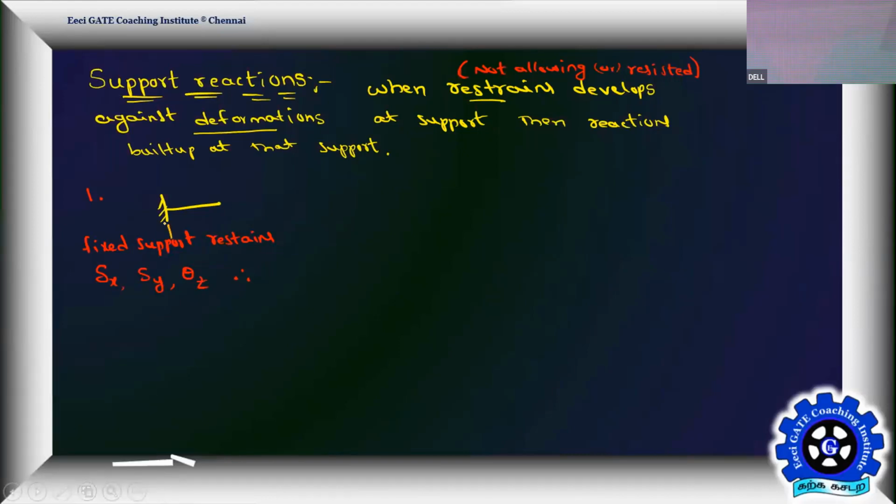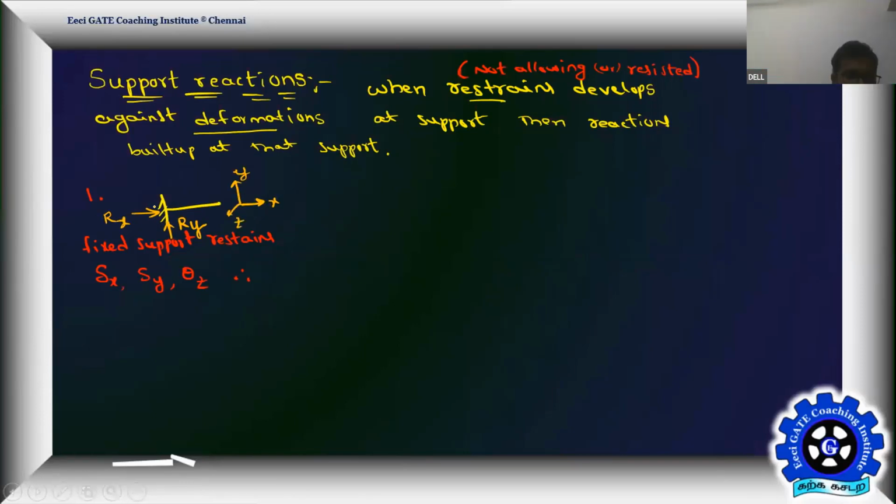Therefore, we get a reaction in the vertical direction, which I can write as VA, or otherwise R. So I can have reaction in Y direction, and in X direction. This is the X axis, this is the Y axis, and this is the Z axis.